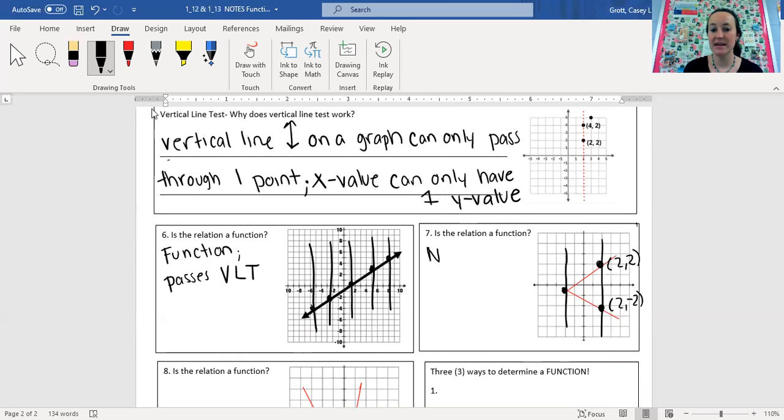So this is not a function. It fails the vertical line test. X has two different y output values here on the graph. Okay, I can only cross through the graph one time with each vertical line.